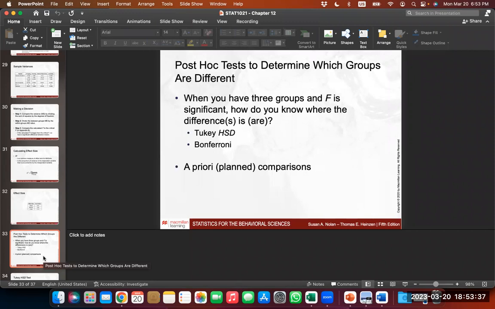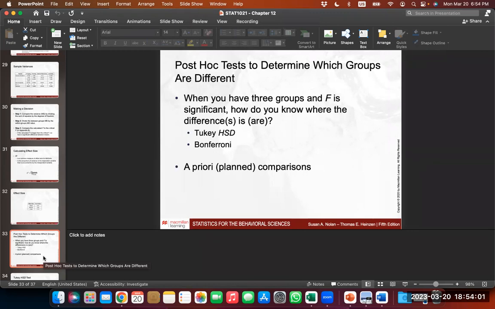And so next, you may want to find out which one, but you need to do it in a way that takes into account that you are doing multiple testing. Therefore, you need to penalize your comparisons for that multiple testing, because you have an inflated type 1 error.